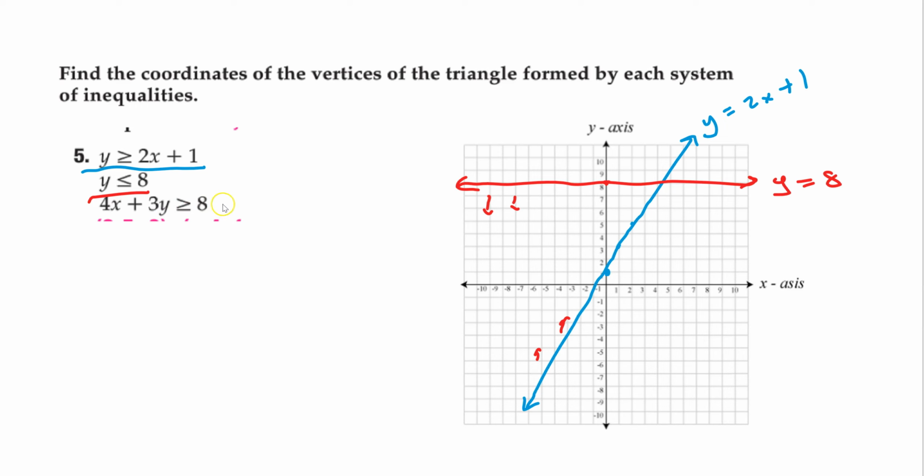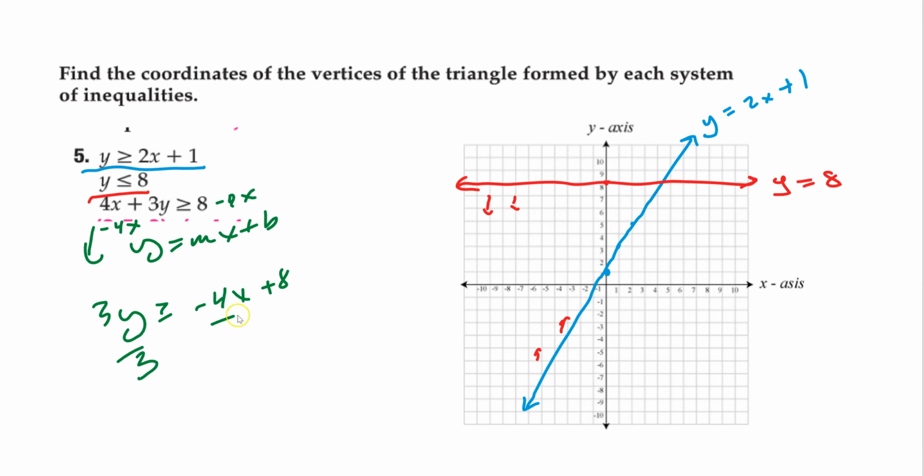And the bottom one here, 4x plus 3y is greater than or equal to 8. So again, this one I have to put in proper notation. I have to get y by itself, so y equals mx plus b form. So subtract that 4x. So 3y is greater than or equal to negative 4x plus 8. Divide by 3, divide by 3. That's not going to be nice. So 8/3, so like 2 2/3.